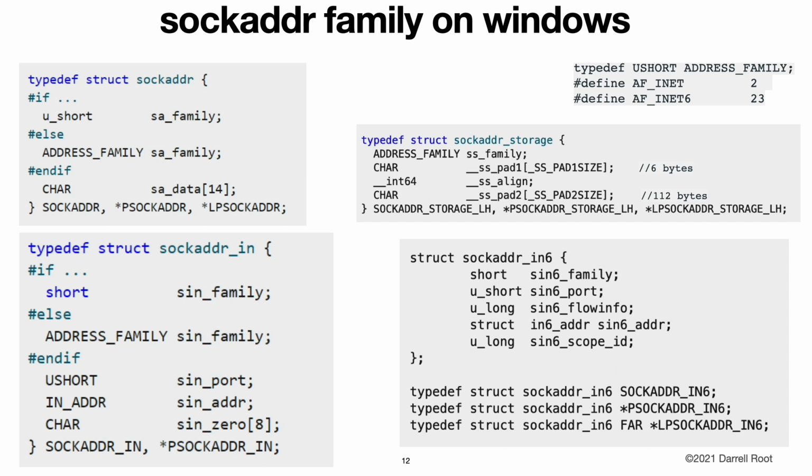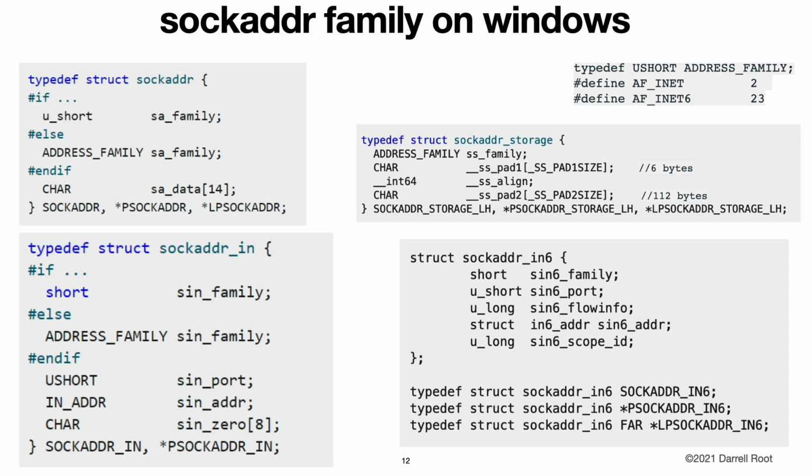So here we have a 16-byte data structure, because the family would be a short, which would be 2 bytes in this case, and then we've got 14 bytes here. So it's a 16-byte sockaddr data structure, which you can cast to different types of sockets.